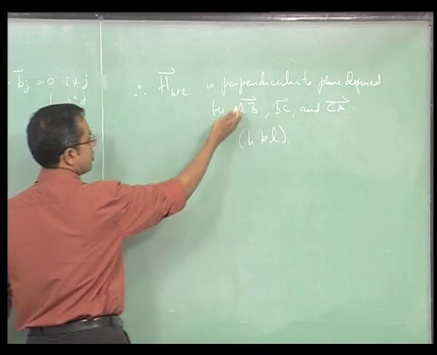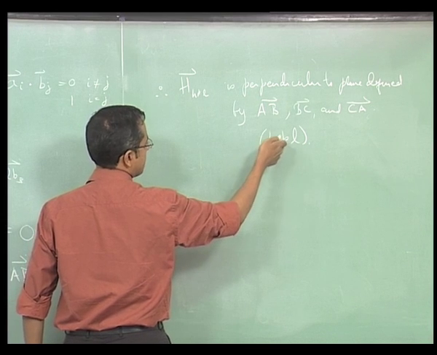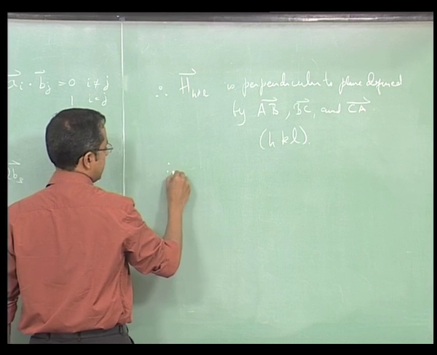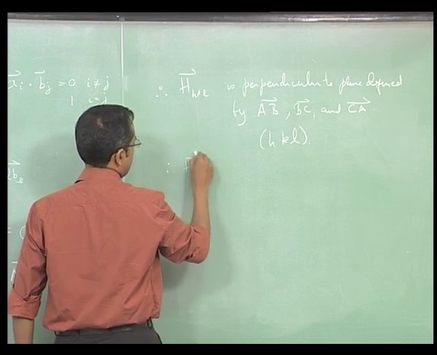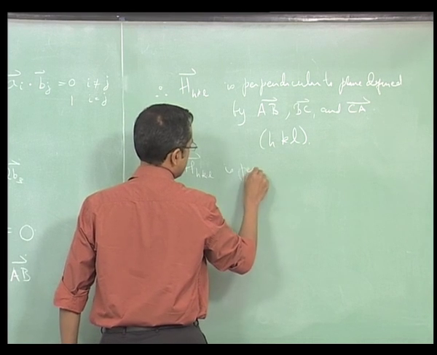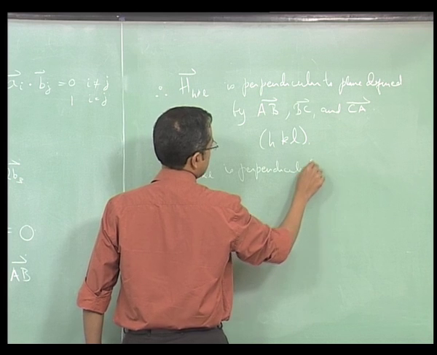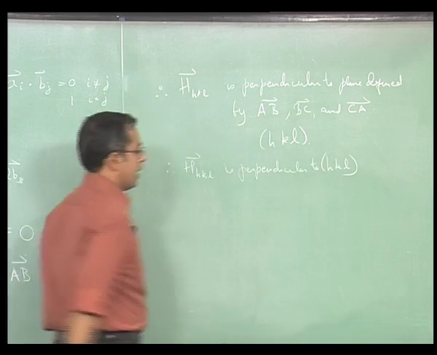So that is how those vectors are defined. AB, BC and CA were defined based on the intercepts at 1 by H, 1 by K and 1 by L in those respective axes. So therefore HHKL is perpendicular to the HKL plane.